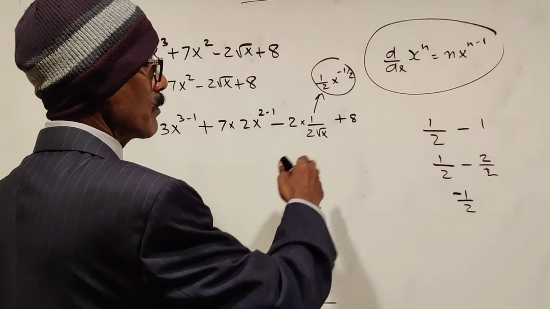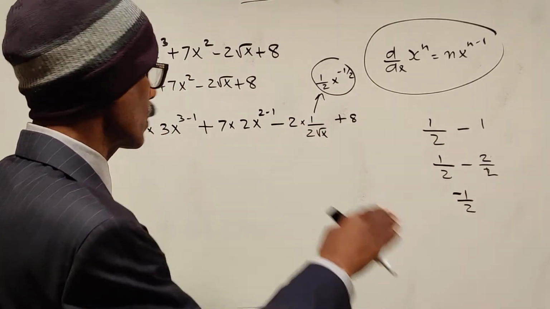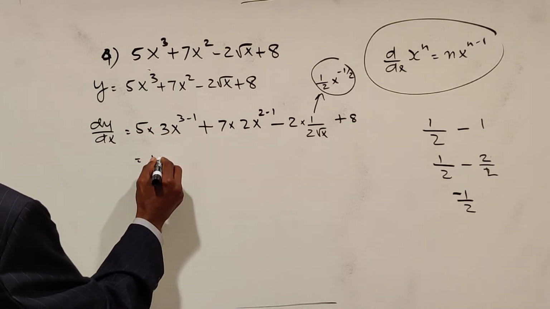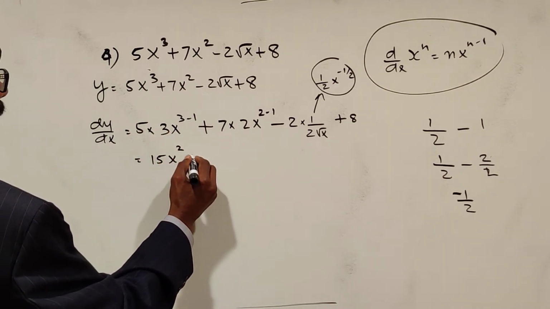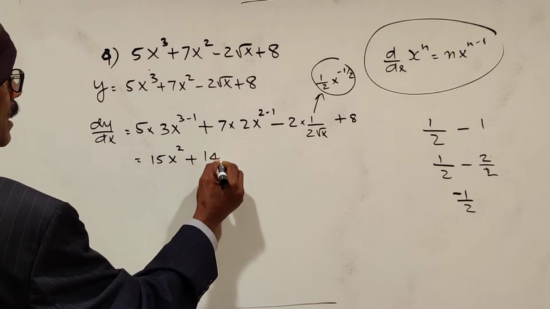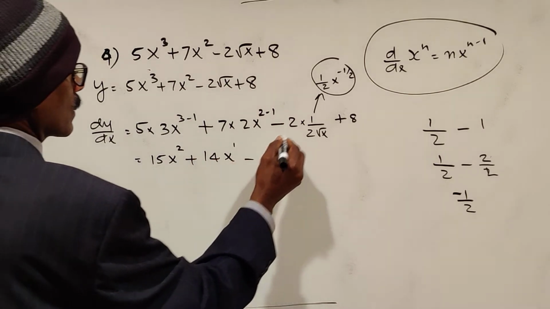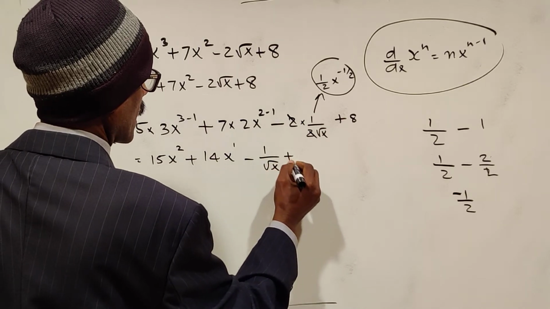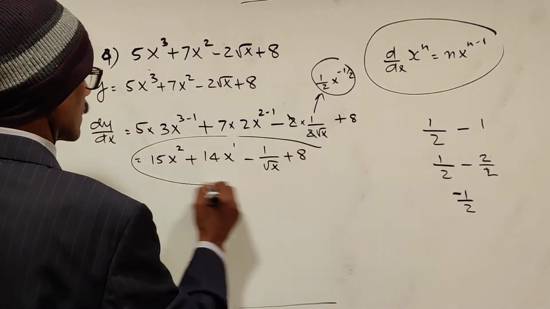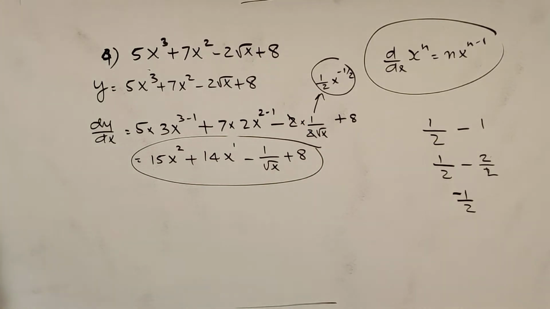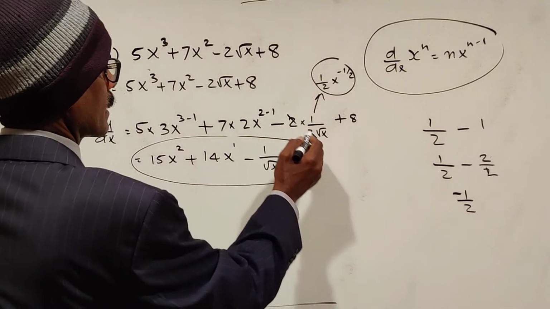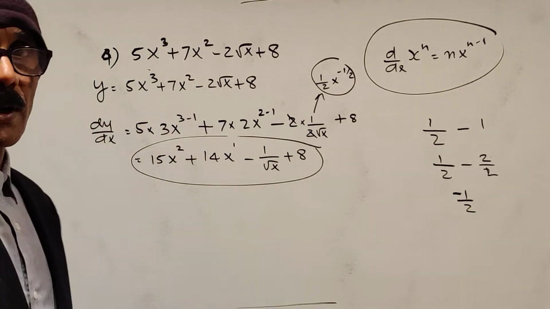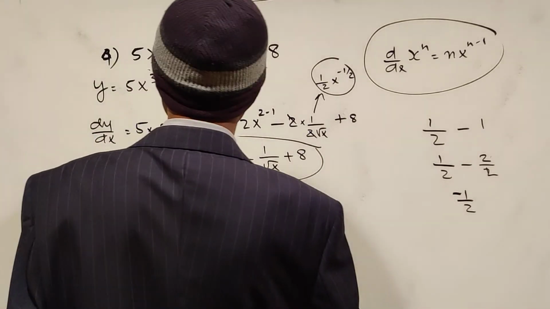Then 5 times 3 is 15, x to the power 2, plus 7 times 2, 14, x to the power 1, minus 2 gets cancelled, 1 by root x, plus 8. That is the answer. Got it? Next one.